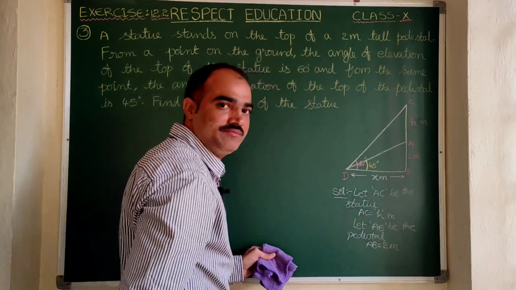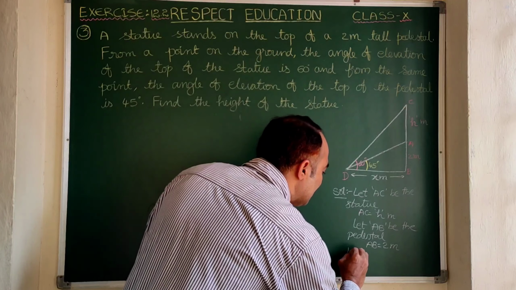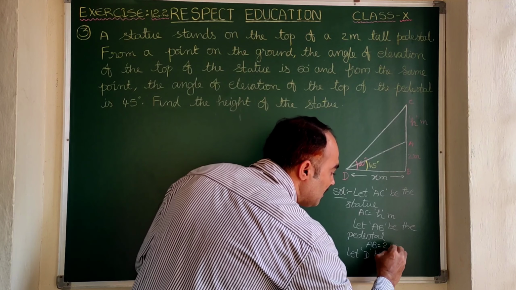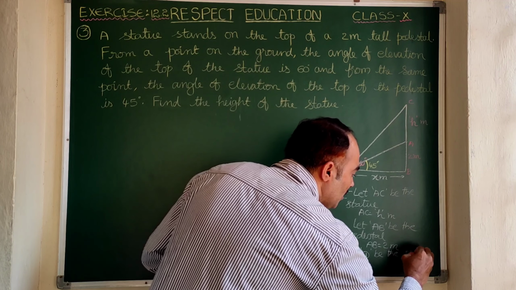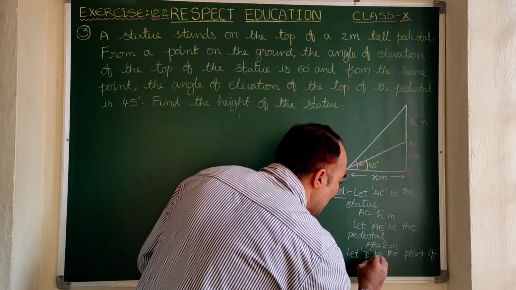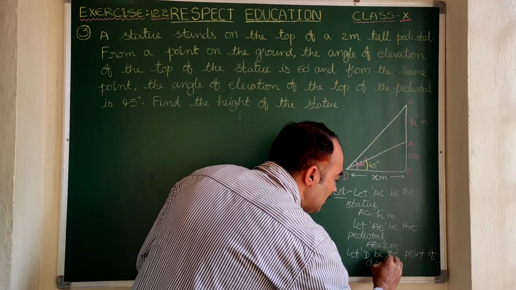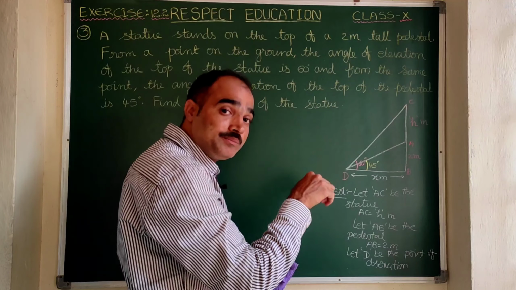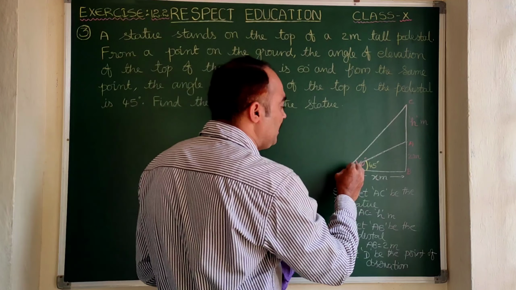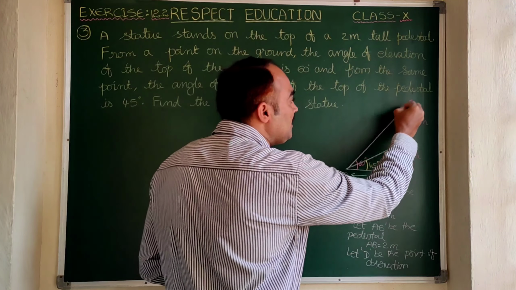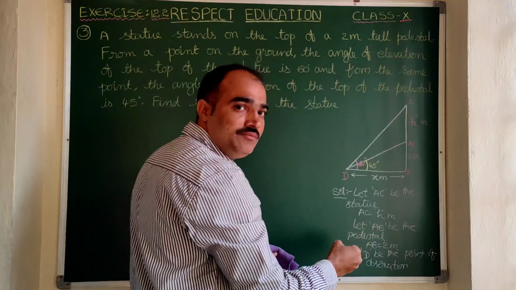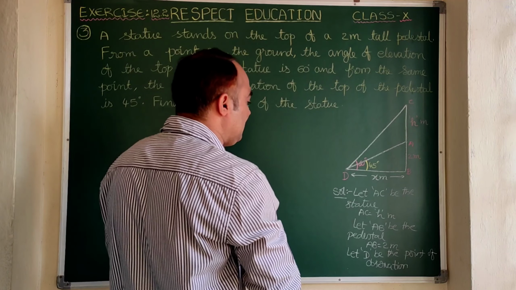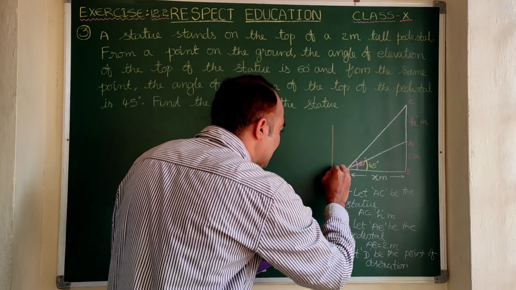AB is 2 meters. Here let us consider D as the point of observation. That means the observer observes from D the top of the statue and also the top of the pedestal. That is also given clearly. Let us mention it in the data.